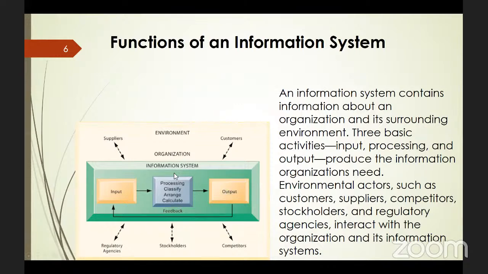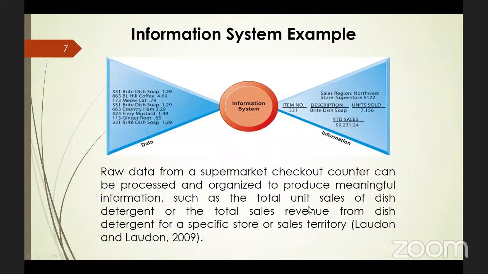But in addition to that system, in an organization we have to think about the suppliers, the customers, the stockholders, obviously the competitors, unless it's a monopoly, and any agency that might regulate the business, if applicable. So when we're thinking of an information system, we're thinking of all of this.